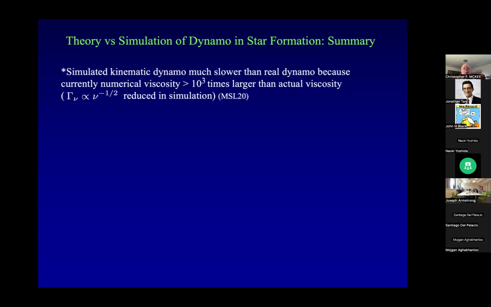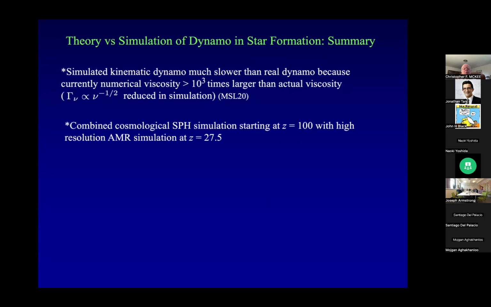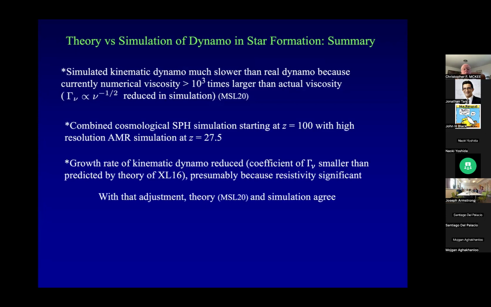The simulated kinematic dynamo is much slower than the real dynamo because currently the numerical viscosity is more than 1,000 times larger than the actual viscosity. The combined cosmological SPH simulation starting at z of 100 with a high resolution AMR simulation at redshift of 27.5, we found that the growth rate of the kinematic dynamo is reduced.